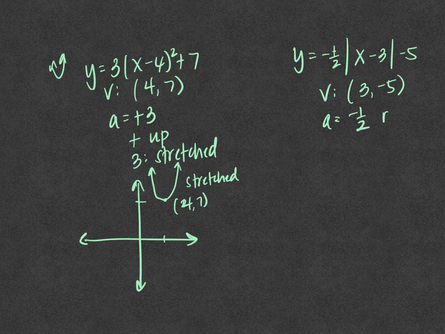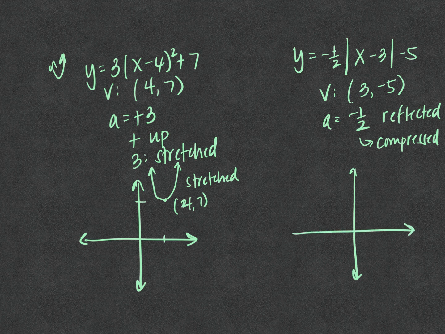So the negative says it's reflected or it's down. Either word is going to work. And the 1/2 says it's going to be compressed. I like to call it fat or squished. Any of those words work, as long as you figure out what you're supposed to be talking about. So here I'm going to go 3, negative 5, and it's going to be a fat upside down absolute value.